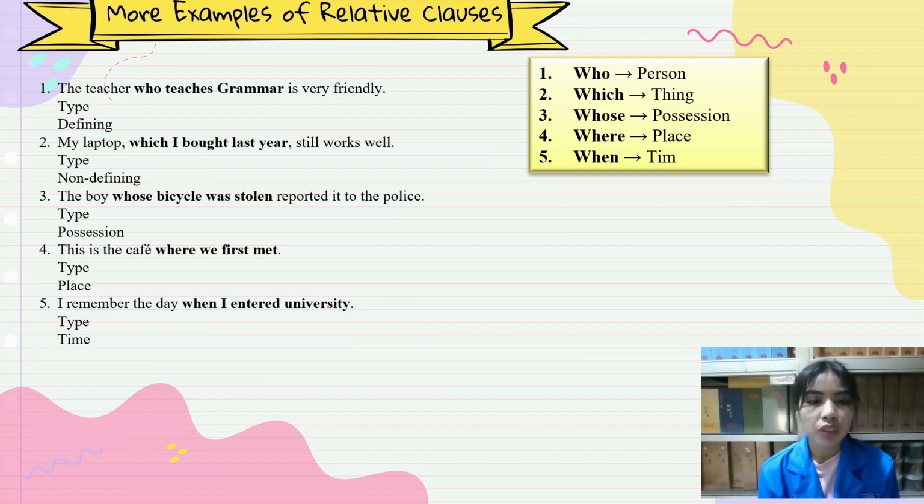The third example uses whose to show possession. The fourth uses where for a place. And the last uses when to refer to time.